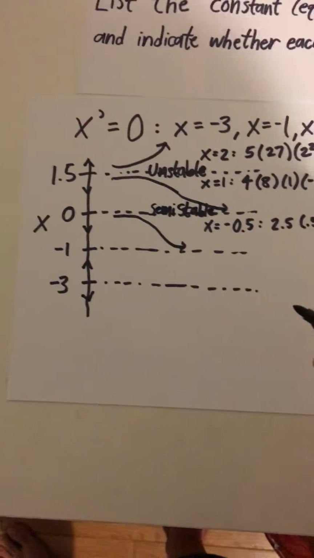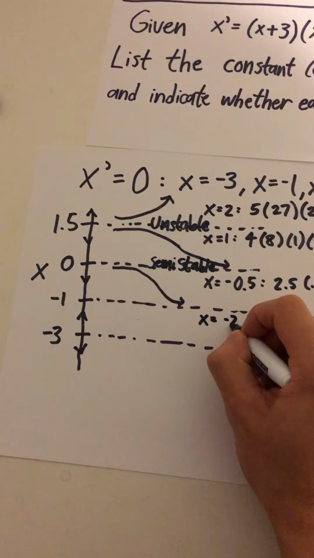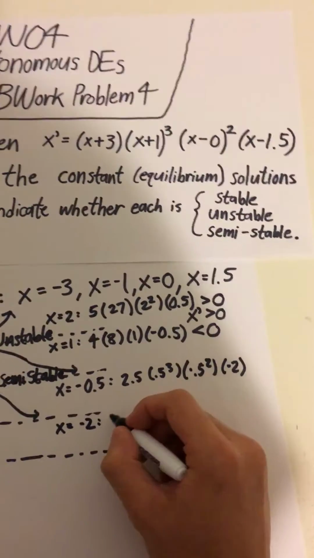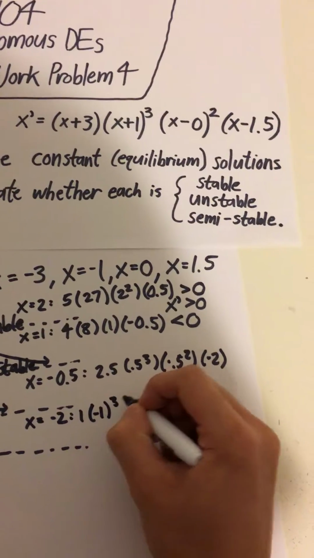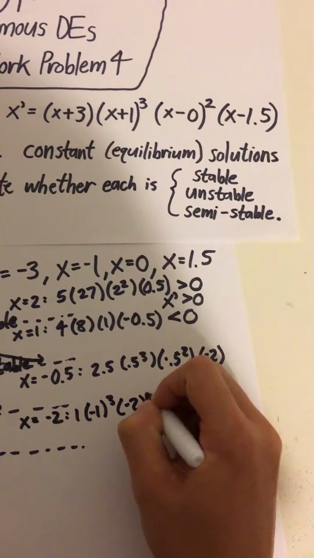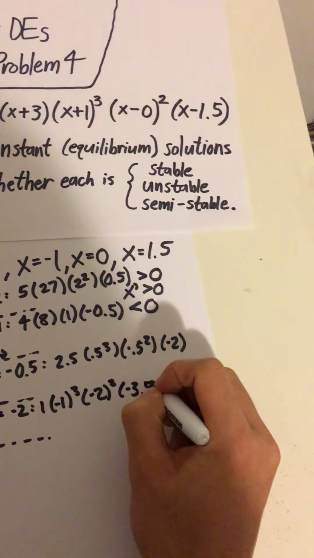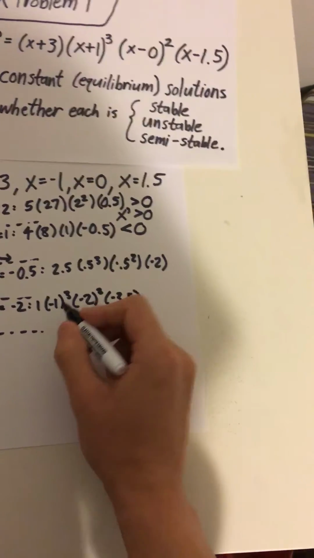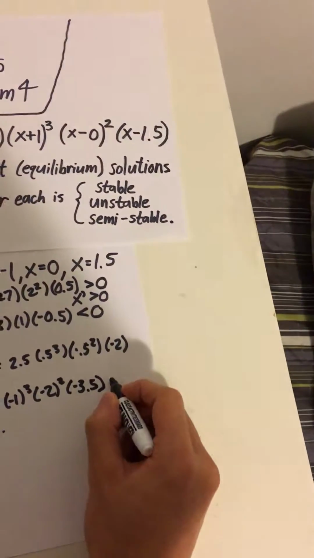Let's check the case between negative 1 and negative 3. So let's check x is equal to negative 2. Let's plug it back in. We have 1 times negative 1 cubed, negative 2 squared, negative 3.5. So here we are going to have a negative, a positive, and a negative. And two negatives will make this positive.